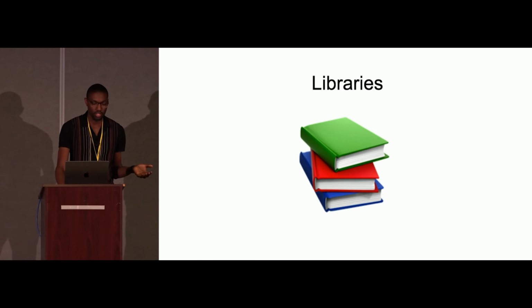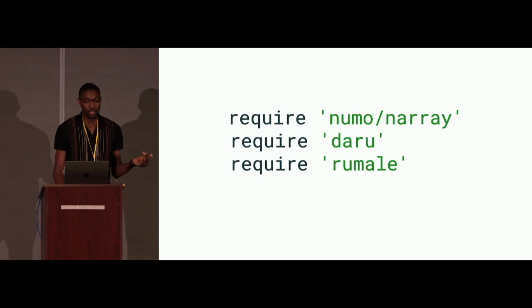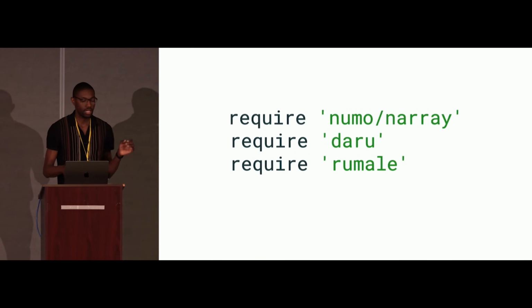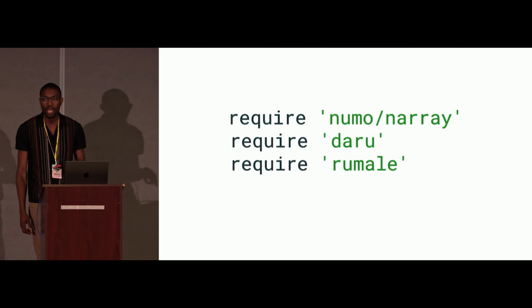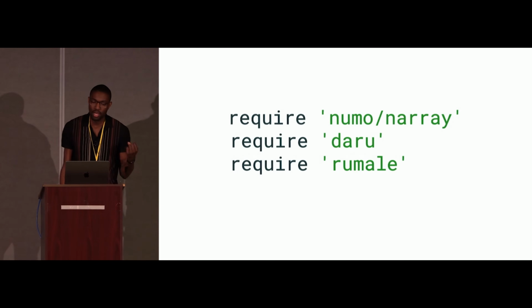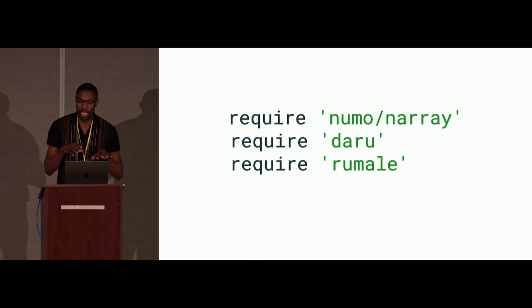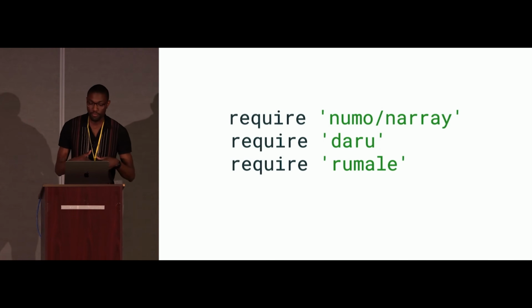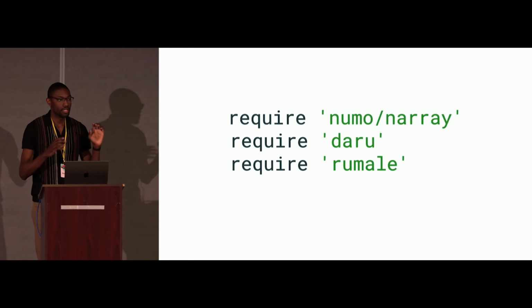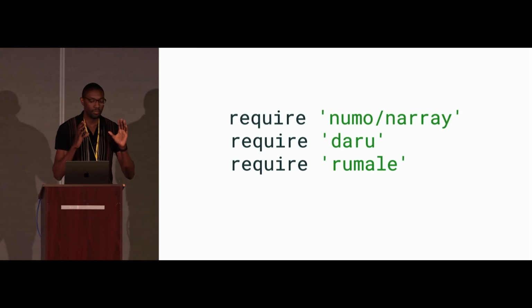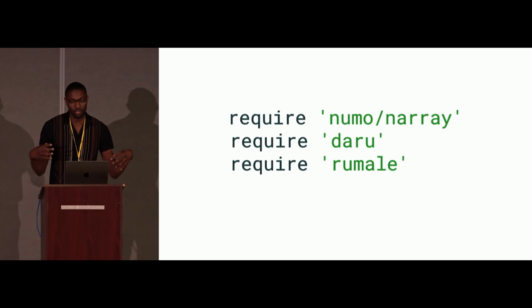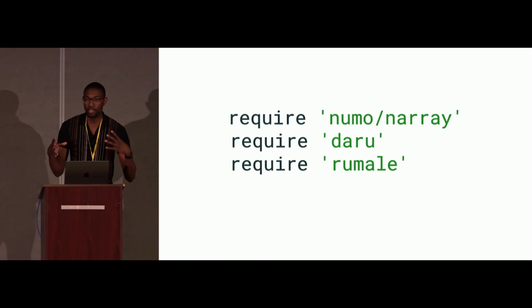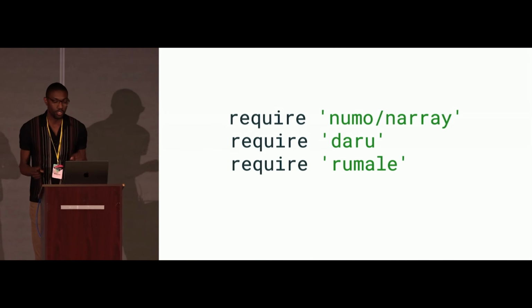Next I want to talk a little bit about libraries. For this machine learning project, I'm using three libraries: Numo, Daru, and Rumale. Numo is a numerical n-dimensional array class for fast data processing and easy manipulation. Daru is a gem that gives you a data structure called a data frame, which allows you to do analysis, manipulation, and visualization of data.